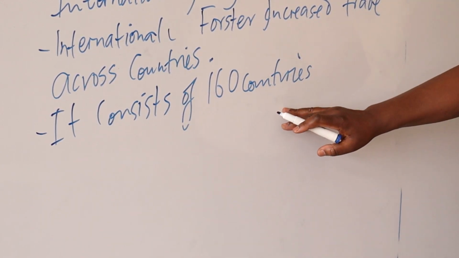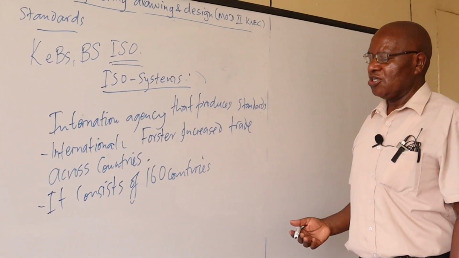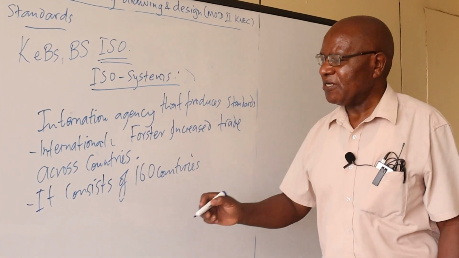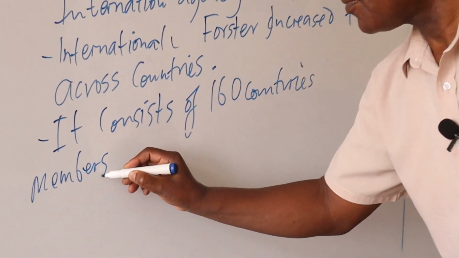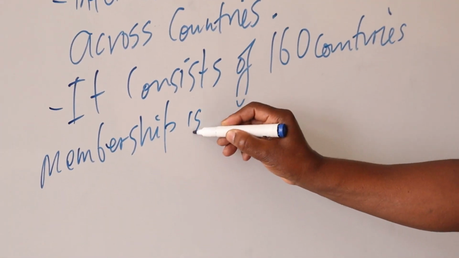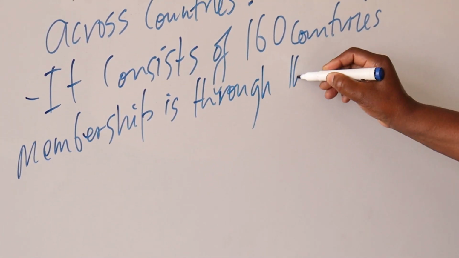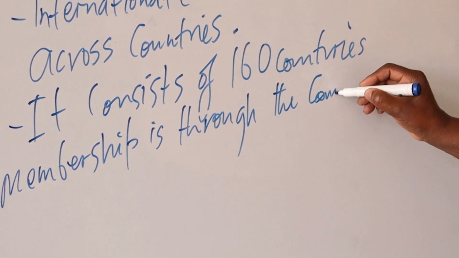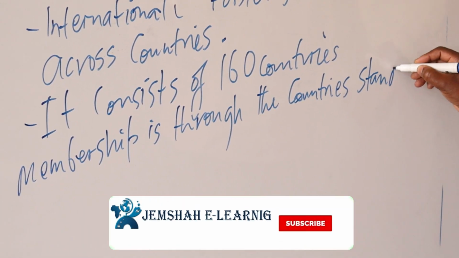It consists of 160 countries, and others are still joining it. And the membership into ISO is through the country's standards body.